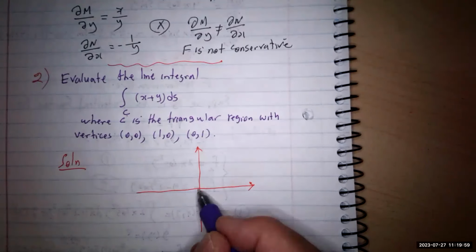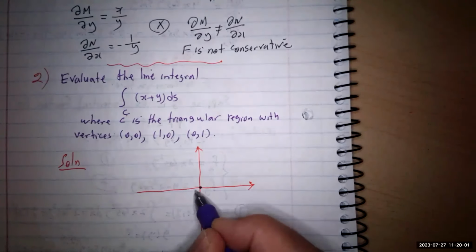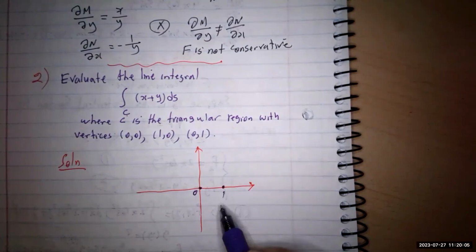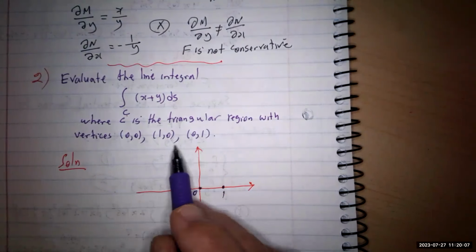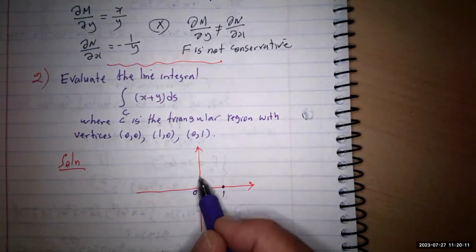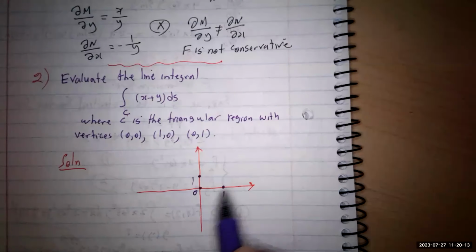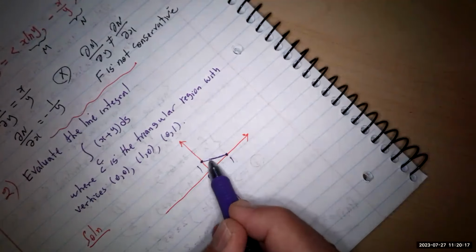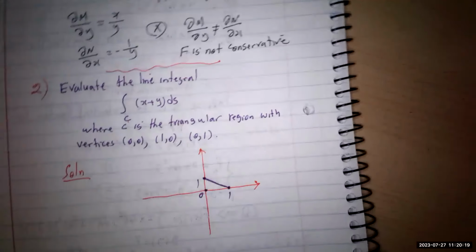You have (0, 0). Start with the (0, 0), then you go to (1, 0), then you go to (0, 1). So this is going to be your triangle.